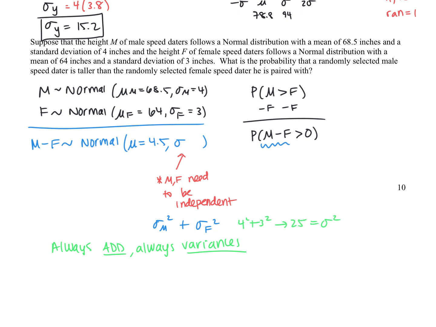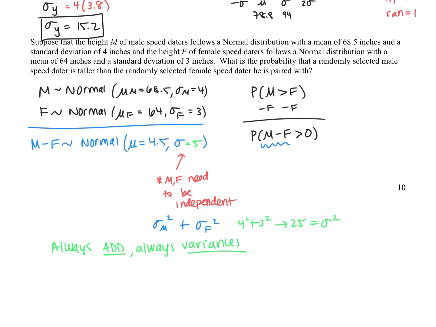So our new variance is 25. When we take a square root, then, we get a standard deviation of 5. So regardless of what's happening here, you always have to add, and it always has to be variances.